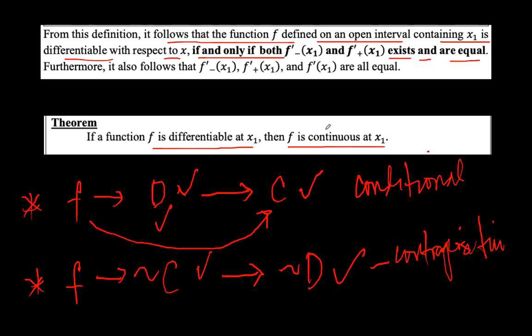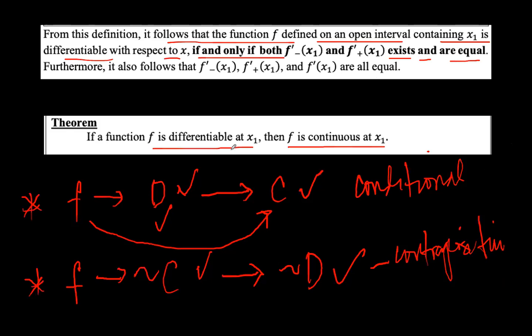Okay, so let's apply the theorem and the concepts of differentiability and continuity. By the way, before we proceed with example number 1, let's have a short review of the conditions for a function to be continuous at a number. Let me change the color. To be continuous, the function needs to satisfy 3 conditions.